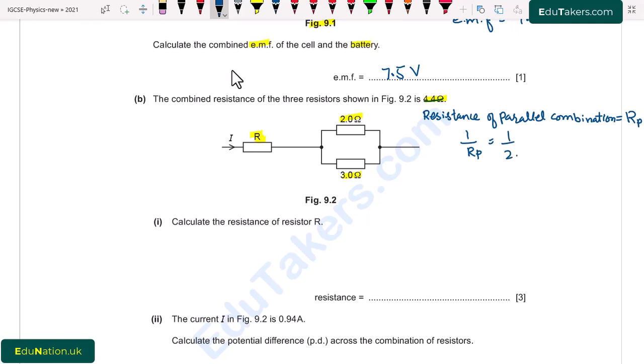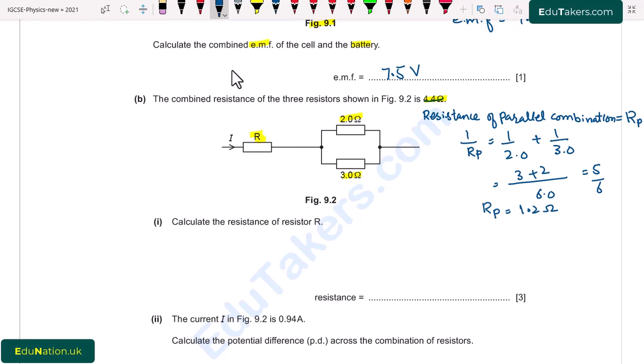So it is 1 over 2.0 plus 1 over 3.0, and it comes to be 3 plus 2, that is 5 divided by 6, and then Rp comes to be 1.2 ohms.